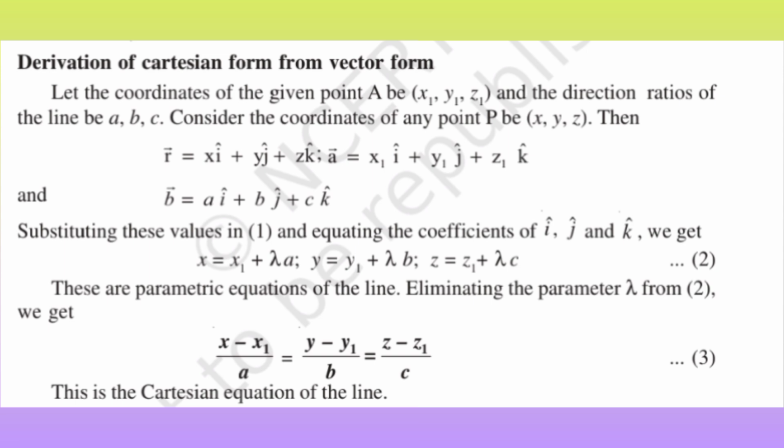Derivation of Cartesian form from vector form. Let the coordinates of the given point A be x1, y1, z1 and the direction ratios of the line be a, b, c. Consider the coordinates of any point P to be x, y, z.